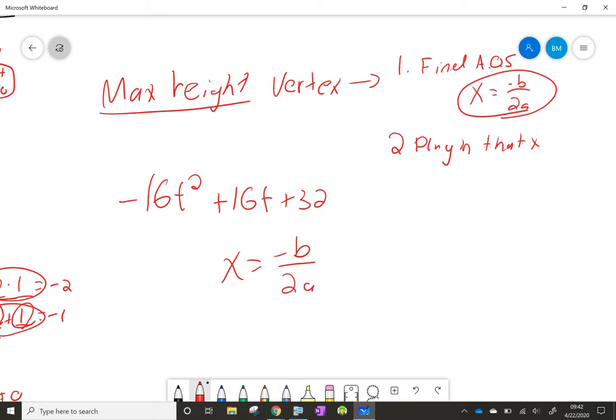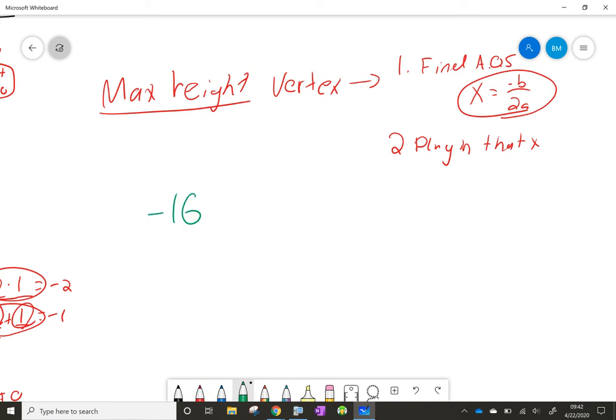Now let me color code this for you. I feel like that's really helpful. So negative 16t squared plus 16t plus 32.